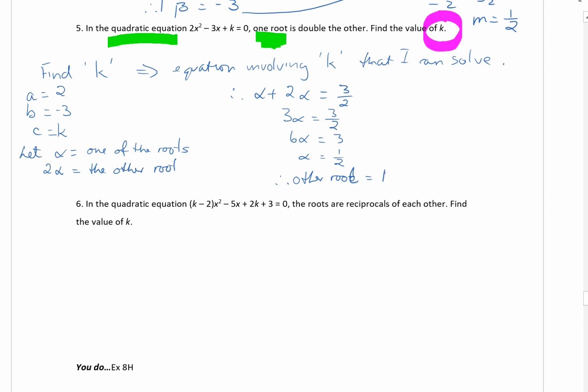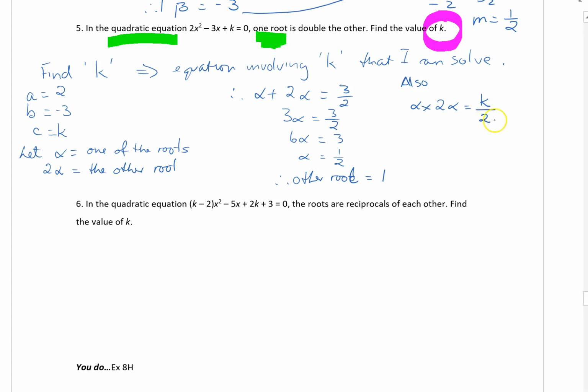And what do we know about the other root? We still need an equation with k in it. So k appears in the product of the roots. So also the product of the roots, which is alpha times 2 alpha, is c on a by definition, but c is k, a is 2.